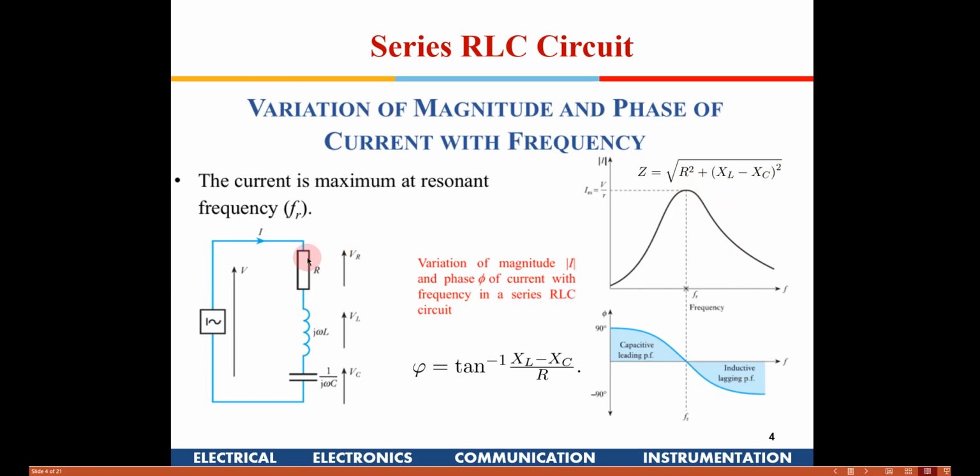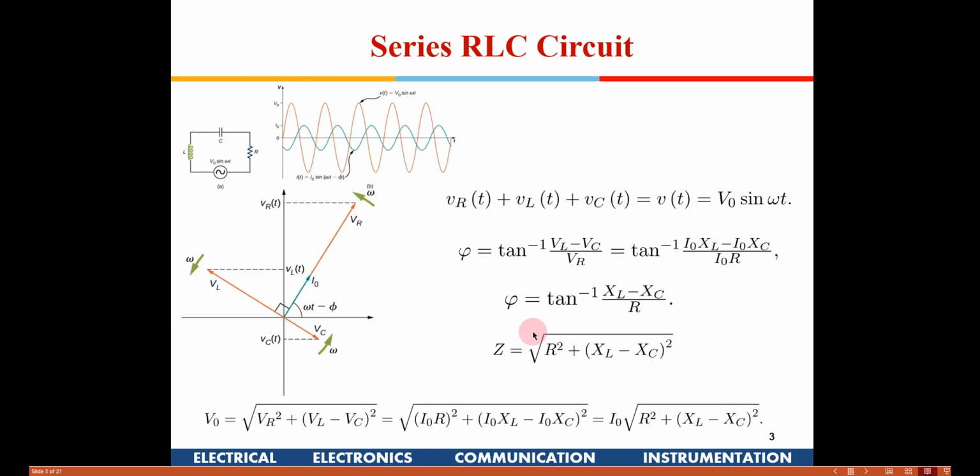That condition is known as resonance. In that condition, the circuit will work like a pure resistive circuit. Whatever phase lag and lead is generated by the inductance and capacitance, L j omega is equal to 1 by j omega C, so they get cancelled. If you go back and see the vector diagram here, these two magnitudes become equal at that particular frequency.